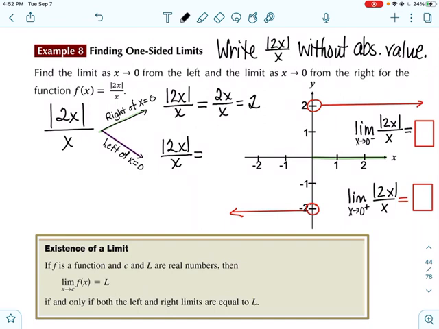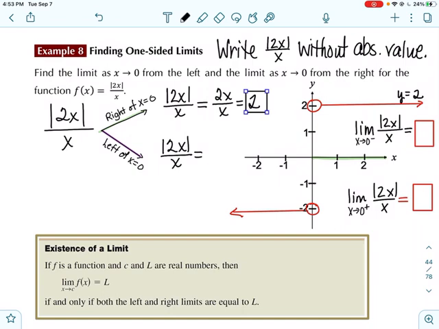Remember, this is f of x, so this is y equals 2, if you will. So simplifying absolute values, if x is positive, or to the right of 0, then it's just 2x over x.